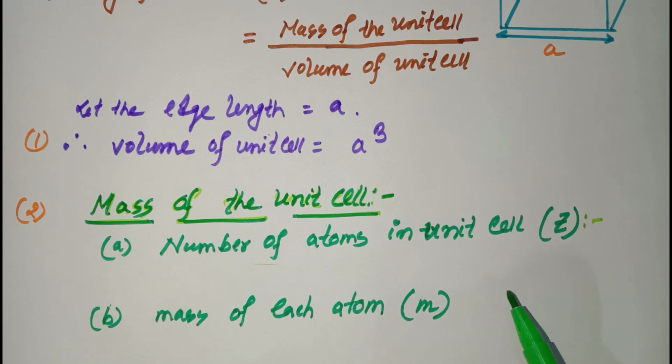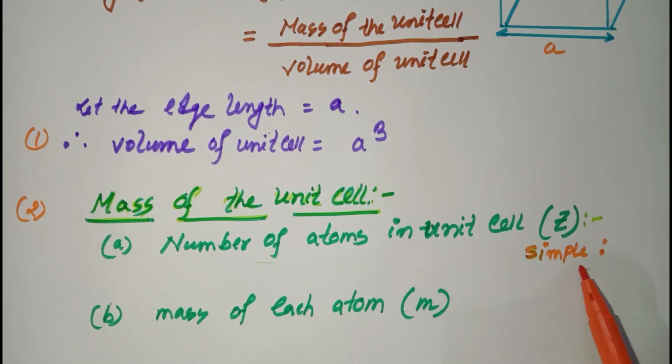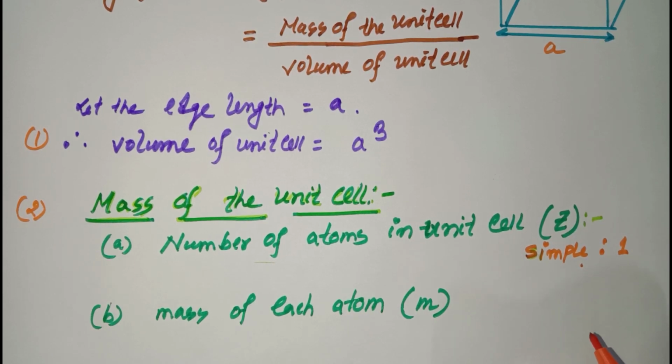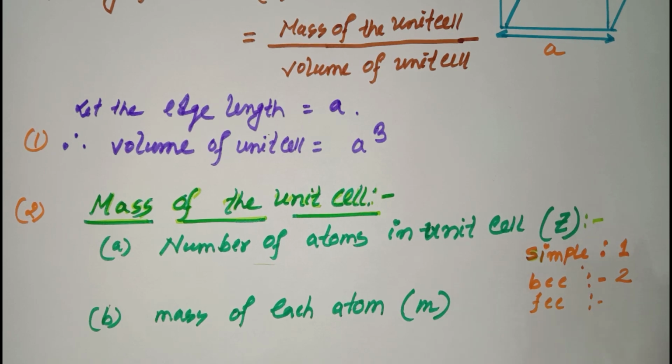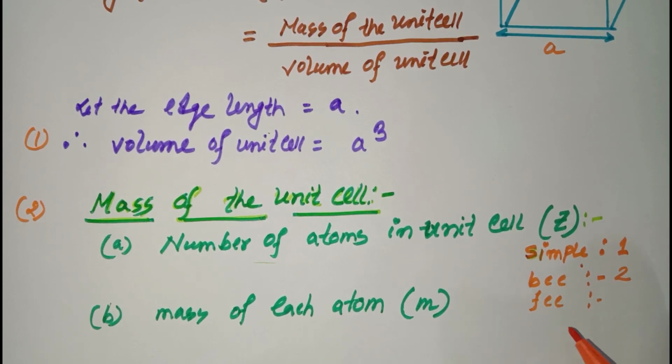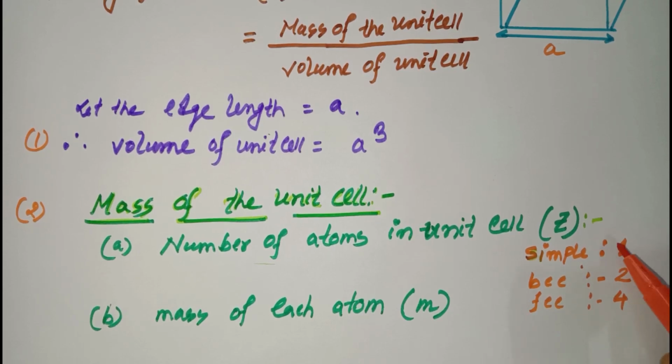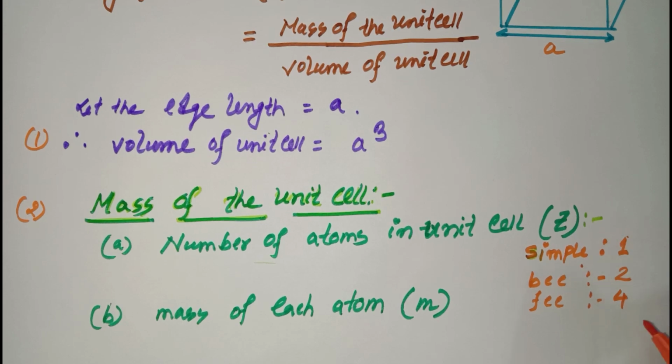In a simple cubic unit cell, the number of atoms is only 1. In BCC, that is body centered cubic, the number of atoms is 2. And in FCC, that is face centered cubic, the number of atoms is 4. The type of unit cell will be mentioned in the question, so you should not be scared about it. You should only remember this number of atoms.